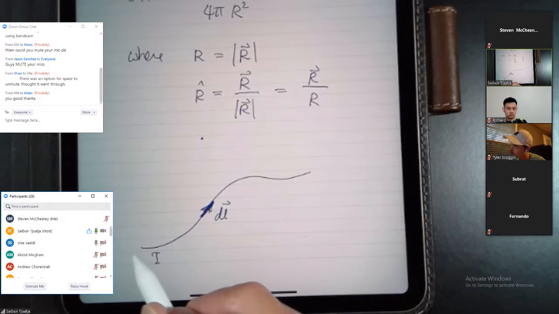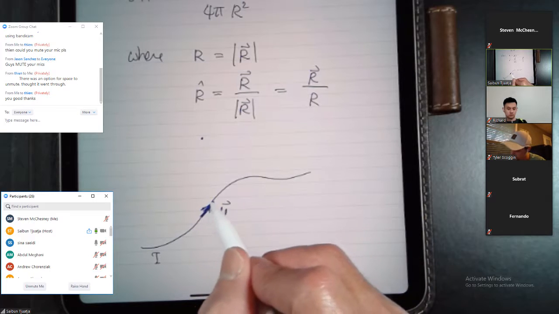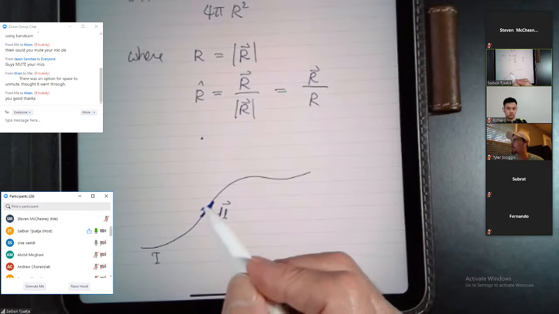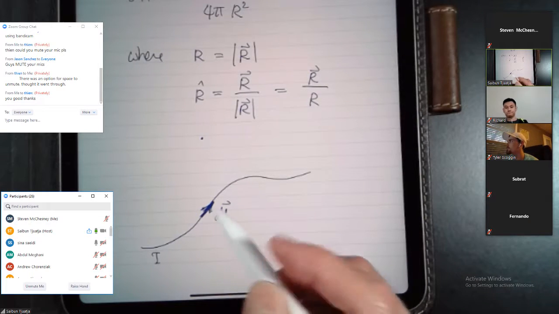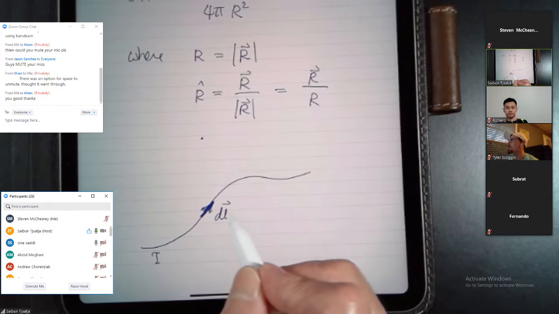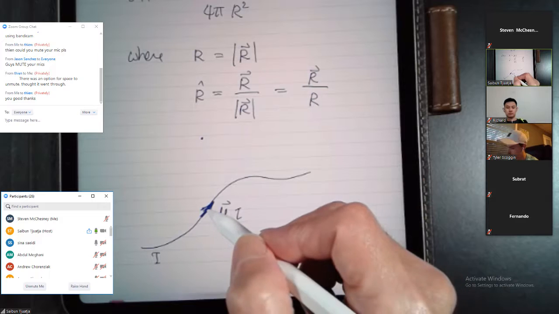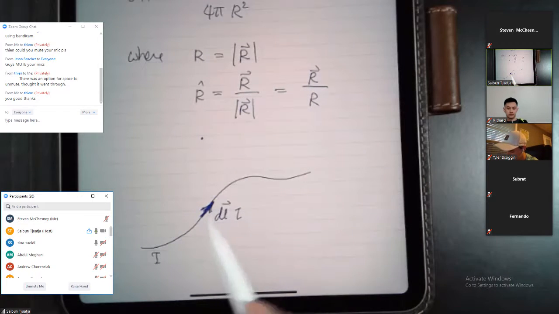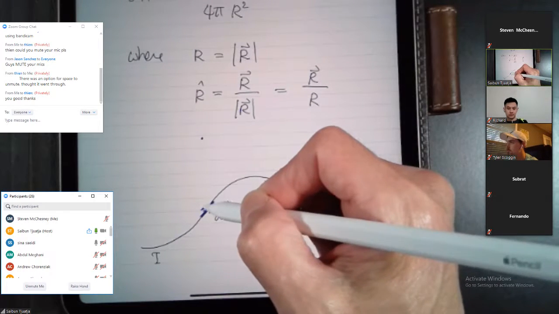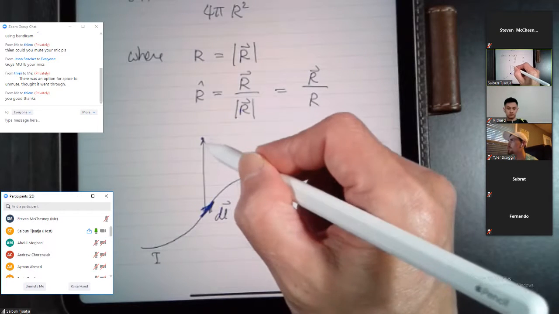This wire is carrying a current, and the differential element of the current, I dl, is right here, a vector. So how much does it contribute to the field? If I observe it here, then this is my r.